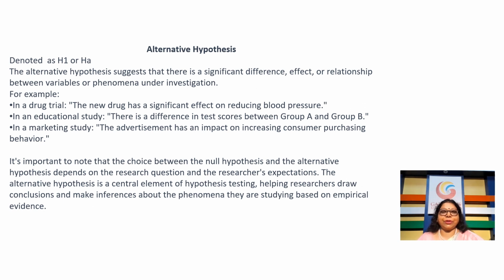The alternate hypothesis, as we have already discussed, is denoted by H1 or HA. So it is a very major key concept in statistical hypothesis testing. It represents a statement that contradicts or opposes the null hypothesis, that is H0. In other words, the alternative hypothesis suggests that there is a significant difference or effect or relationship between the variables or phenomena under investigation.